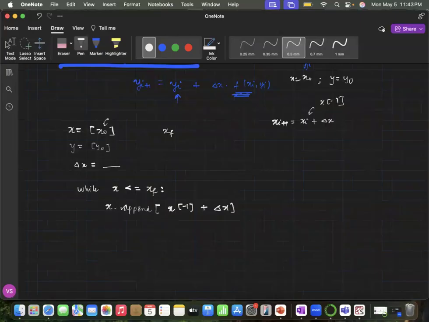So this is what we append to the x array, and to the y array, we append this thing. So this over here is the last value of the y array, so y minus 1. And this over here is once again the function evaluated at the last value of the x array and the last value of the y array, right?